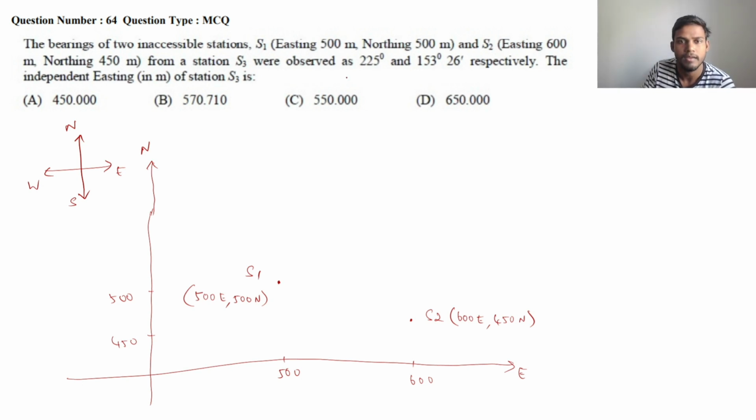From S3, S1's angle is 225 degrees, which means S1 lies in the third quadrant with respect to S3. S2's angle is 153 degrees 26 minutes, which indicates S2 is southeast of the position of S3. So it's clear S3 lies in between S1 and S2.